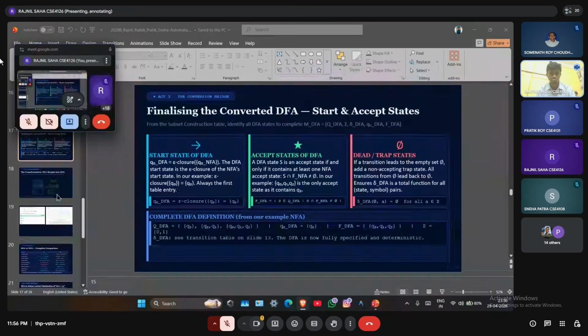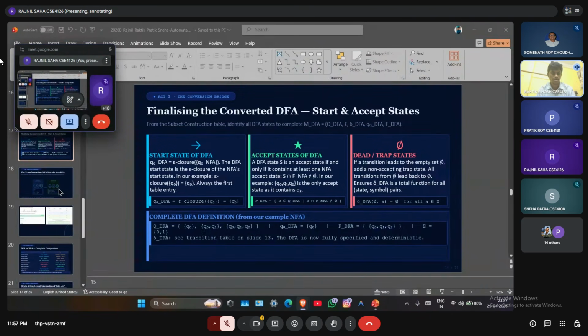In our example, {Q0, Q1, Q2} is the only accept state since it is the only subset containing Q2. Third, the dead or trap state. If any transition leads to an empty set phi, we add a non-accepting trap state that loops back to itself on all inputs, keeping the transition function total and complete.